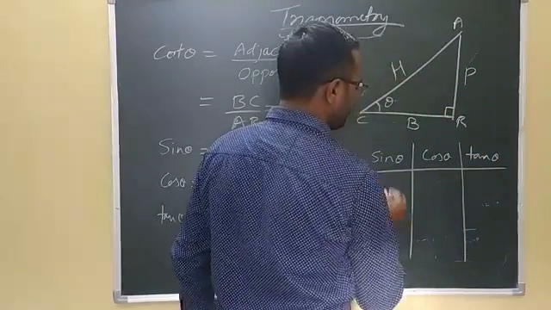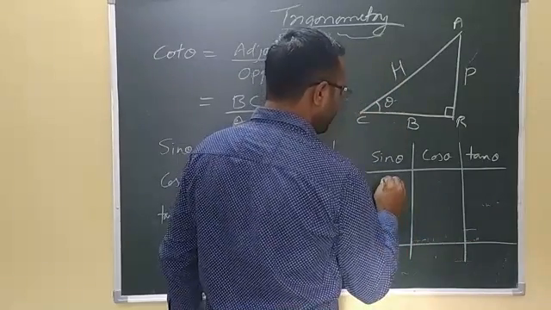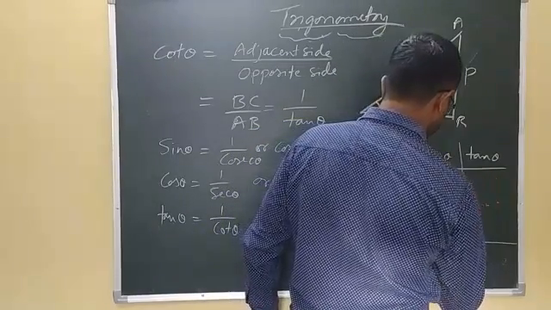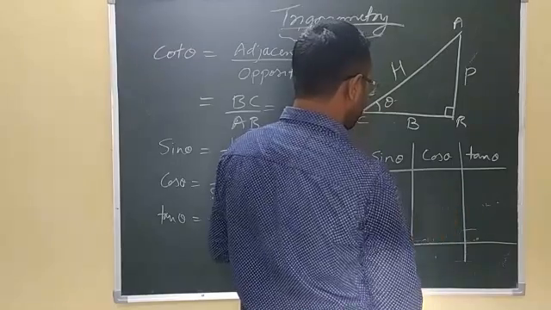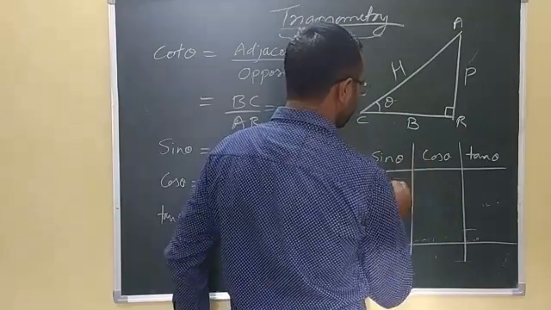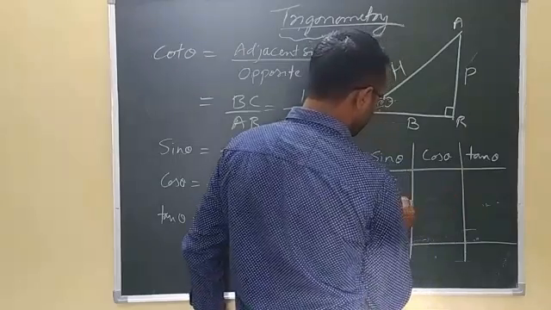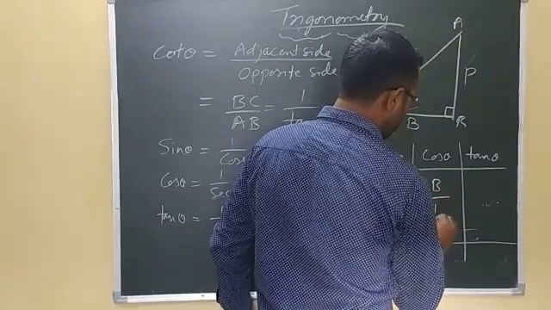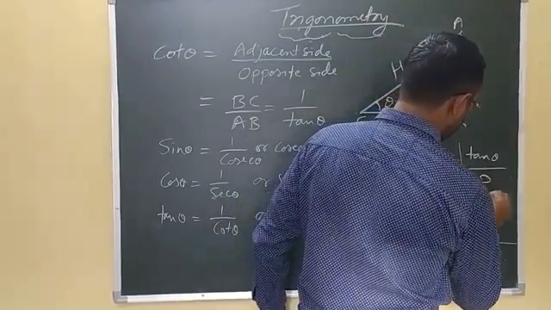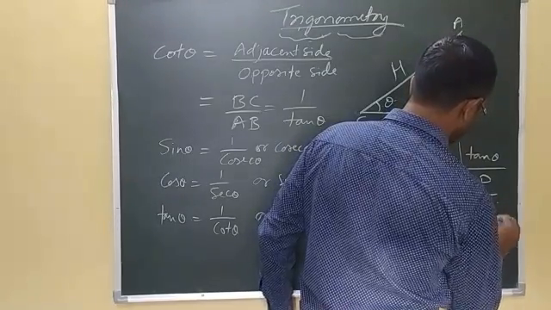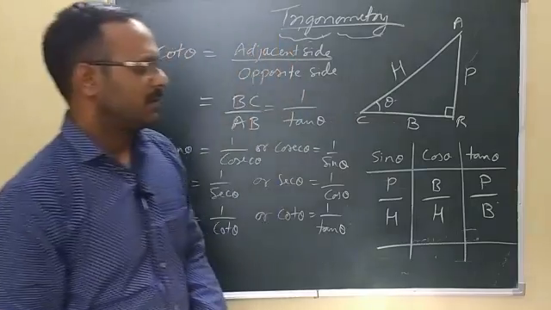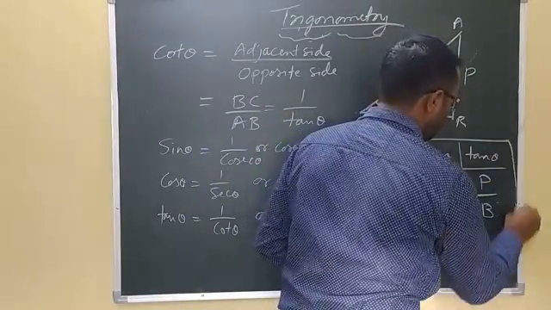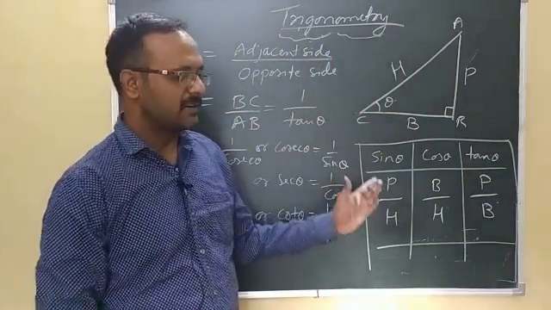If you make a table like this, P upon H, B upon H, and P upon B. So if you want to memorize these functions, there is a small trick to memorize it.